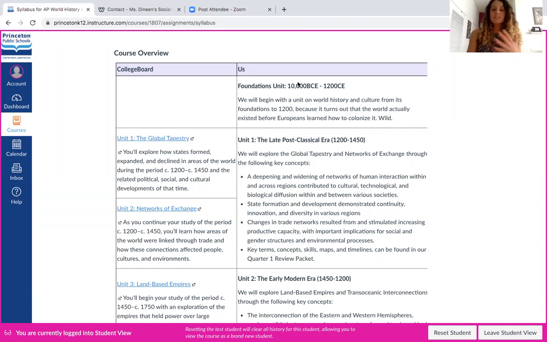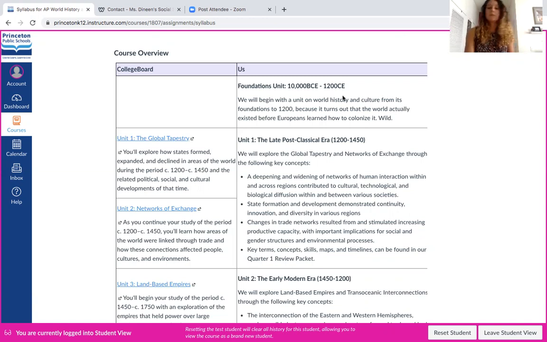So this foundations unit is meant to ensure that students have the foundational understanding of early societies that will grow into the empires we study this year, of major world belief systems like Hinduism, Buddhism, and Islam that developed during this period and are the fabric of many of the societies we'll study this year, and are able to see and celebrate pre-colonial history in many of the regions of the world that we'll study this year.